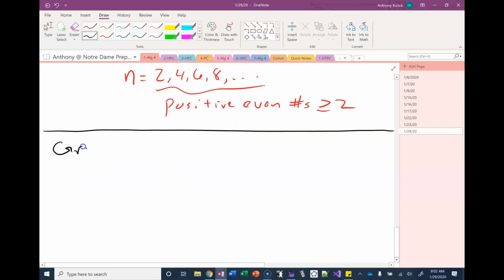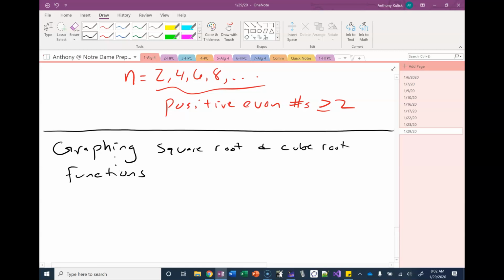So we have enough now to start talking about graphing square root and cube root functions. And that's going to be the focus of the lesson here today. This is what you're going to have to do in the homework, is to do some of these graphs.